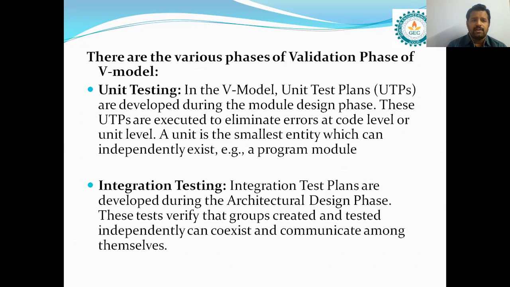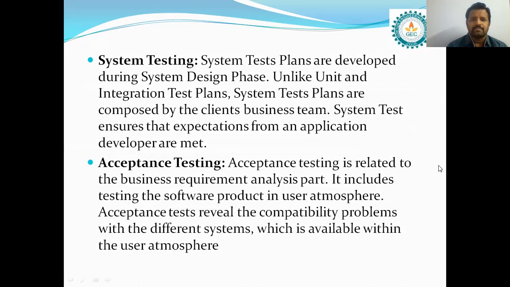Once the units are completed, the unit test plans are executed. After integrating all the units, the integration test plans are executed, both done parallelly. These tests verify that groups created and tested independently coexist and communicate among themselves. This is called integration testing.